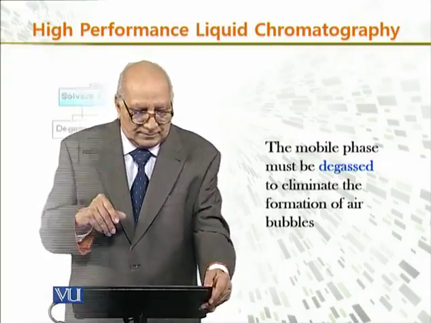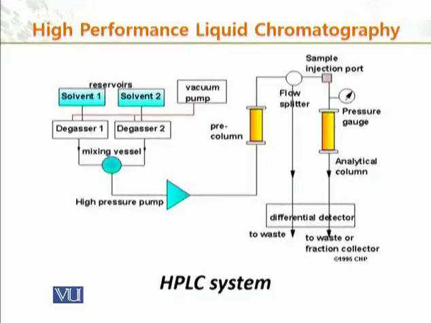The first thing, as we see in an HPLC system, is that there are reservoirs of different solvents. Here we see solvent 1 and solvent 2. Then they are degassed, removing the air and all that.